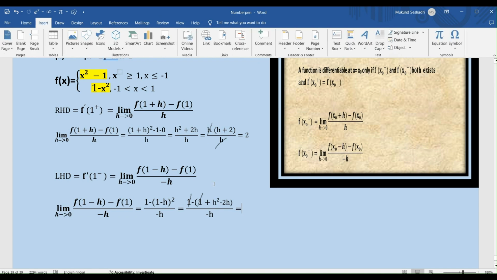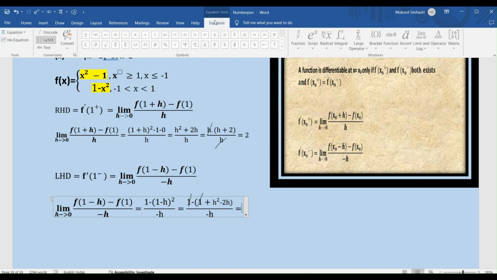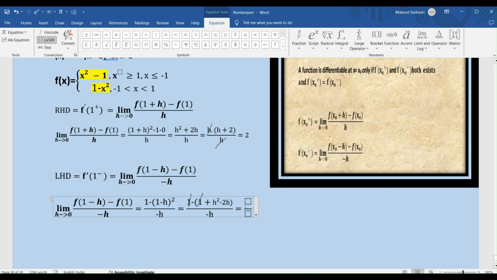And when I write that, I get 2h minus h square divided by minus h. And like we did in our RHD, I can represent this as h into 2 minus h in the numerator.